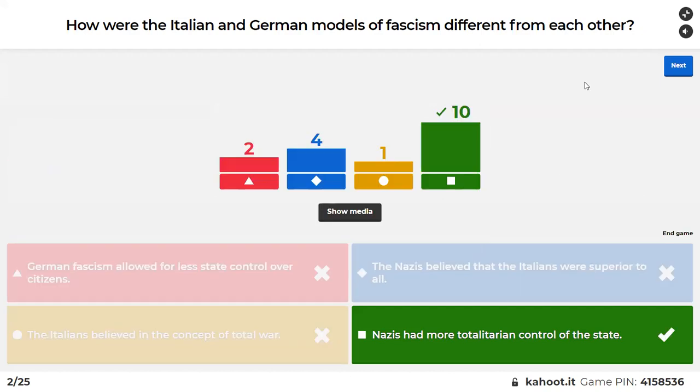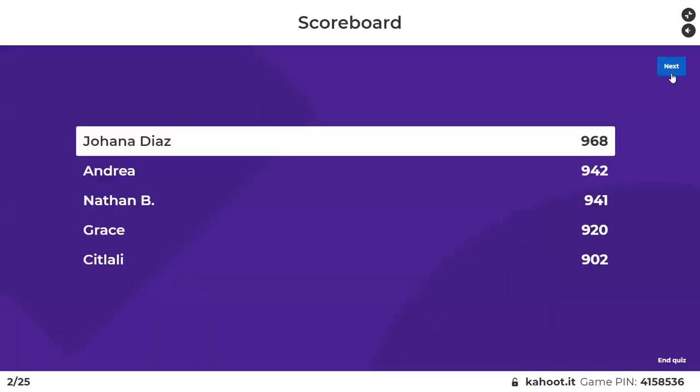Hitler had way more control over the entire state of Germany. Remember that Mussolini signed a pact with the Pope. The Catholic Church was still very involved in day-to-day life. Hitler controlled all aspects of life in Germany.